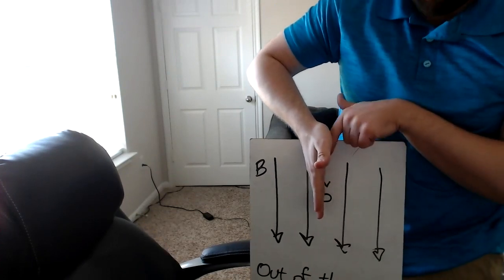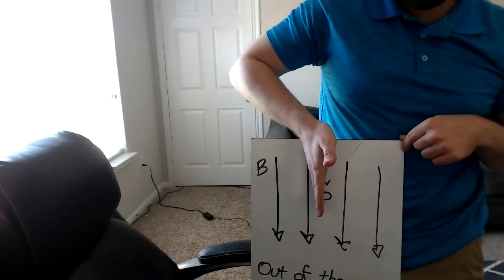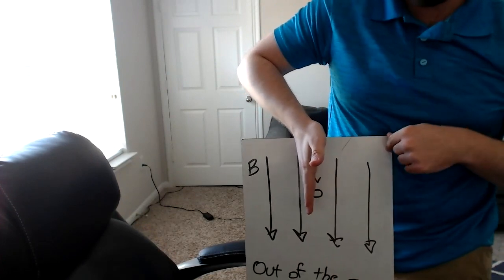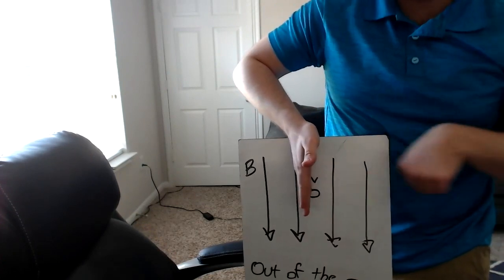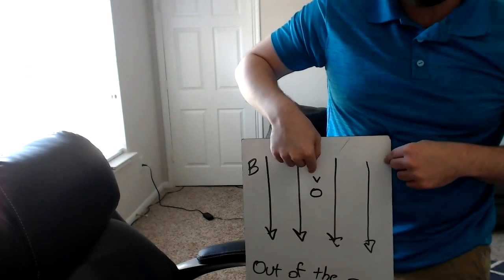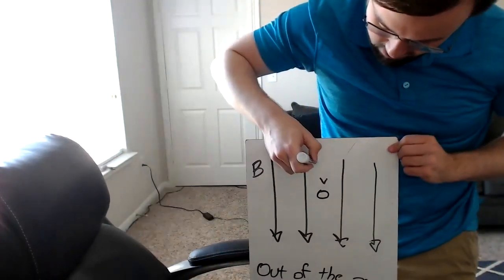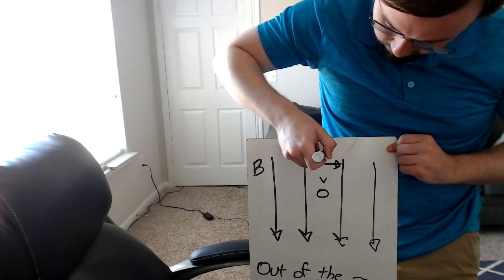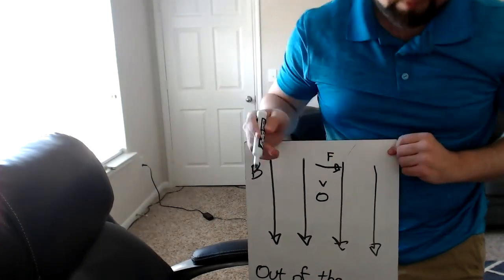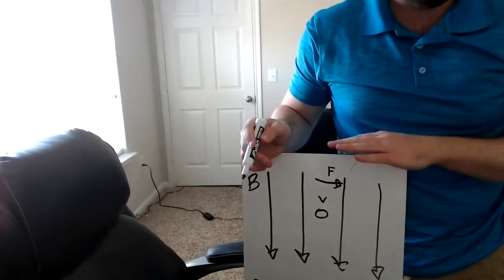My palm is facing to the right. So that would mean the magnetic force is going to the right. So this current right here is going to experience a force pointing to the right. And this is how you use the right-hand rule.